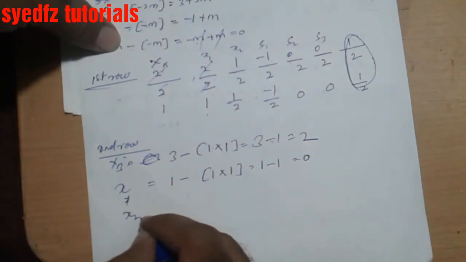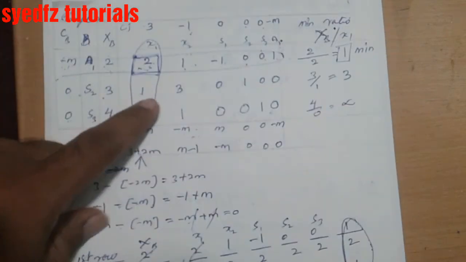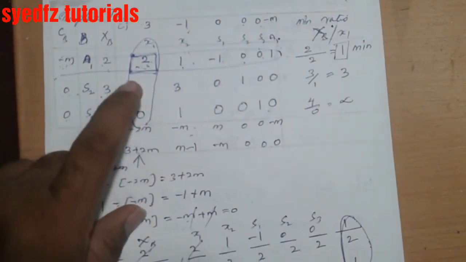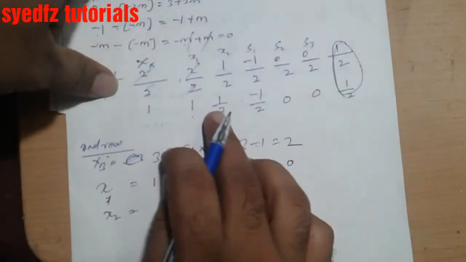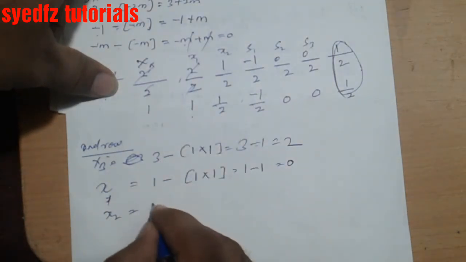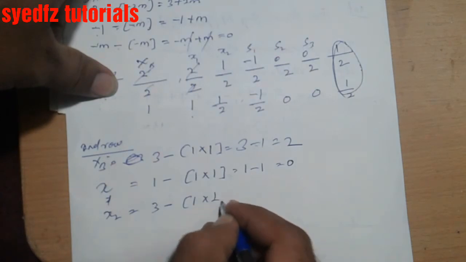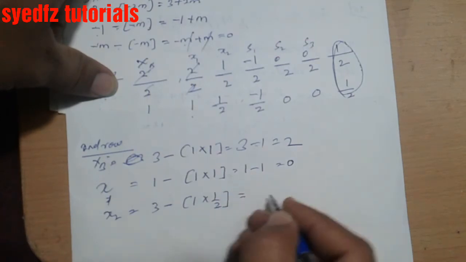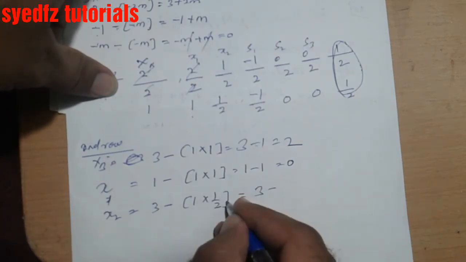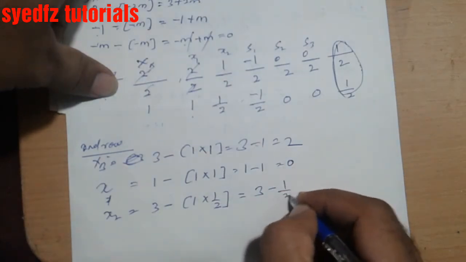Now x2. Old value is 3, key column 1, new value is 1 by 2. So 3 minus 1 multiplied by 1 by 2.